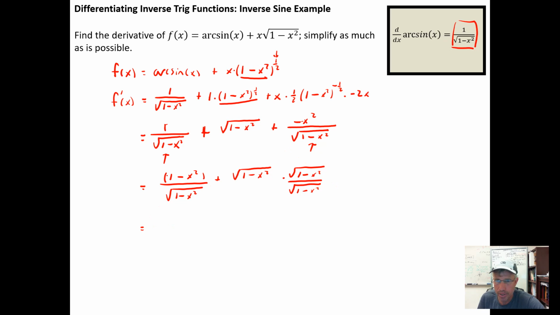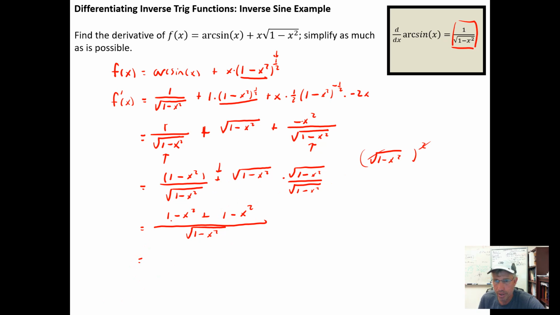When we do that, we're going to get a denominator of the square root of 1 minus x squared, and then the first numerator, which is 1 minus x squared, plus the other numerator, and I have the square root times the square root. The square roots are going to cancel because I'm going to wind up with 1 minus x squared squared, and the squaring will cancel the square root, and that'll leave me with 1 minus an x squared sitting here.